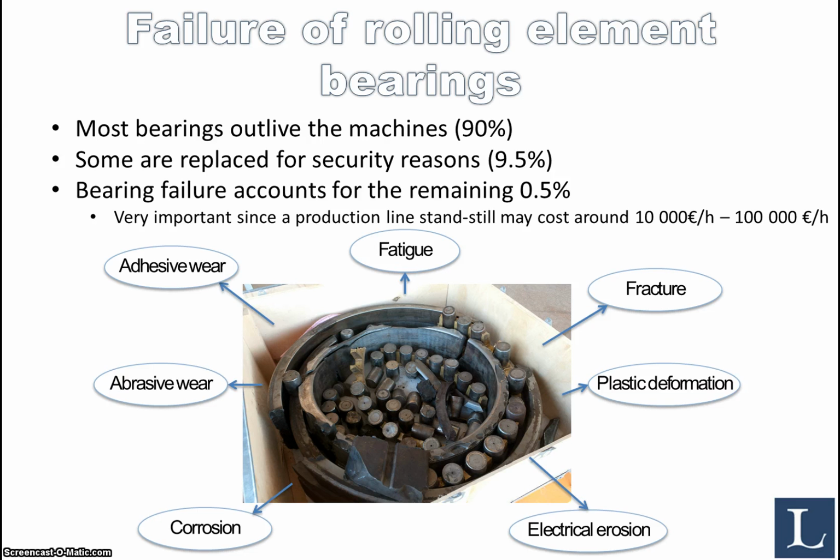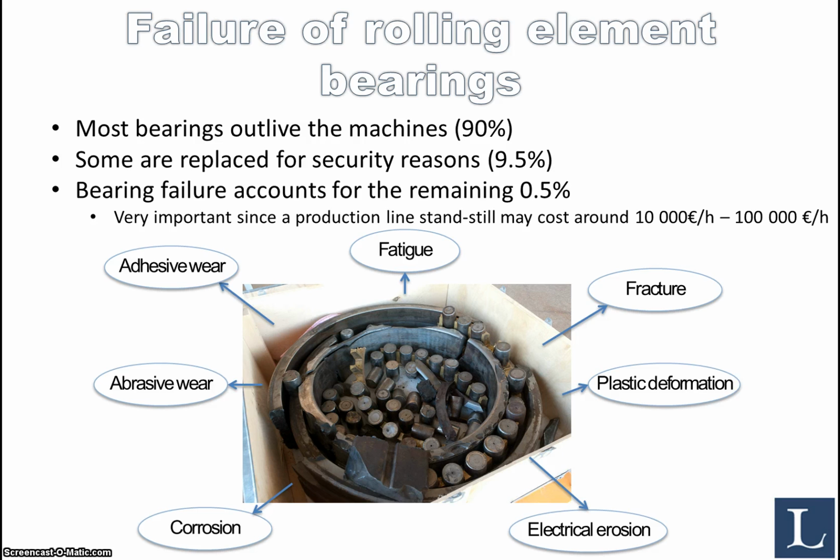part to investigate and to work with, because a production line standstill in a huge process industry can cost you some tens of thousands of euros per hour, or even hundreds of thousands of euros per hour. And if that is due to failure of bearings, then you really need to put effort into understanding why and how to prevent that.